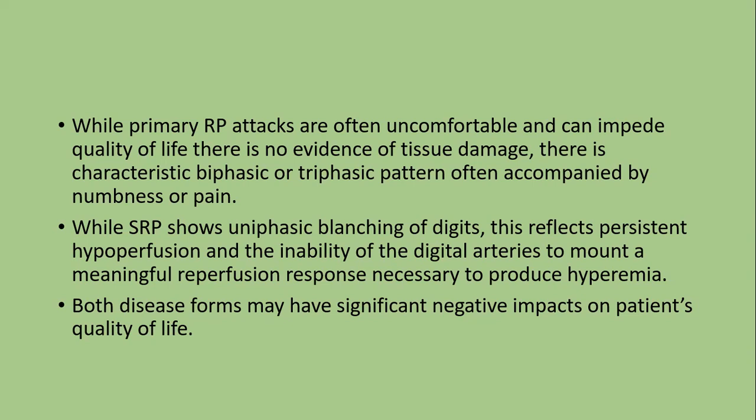On the contrary, secondary Raynaud's phenomena show monophasic blanching of digits. This reflects persistent hypoperfusion and inability of digital arteries to mount a meaningful reperfusion response, which is necessary to produce hyperemia. Both disease forms have significant negative impact on patients' quality of life.